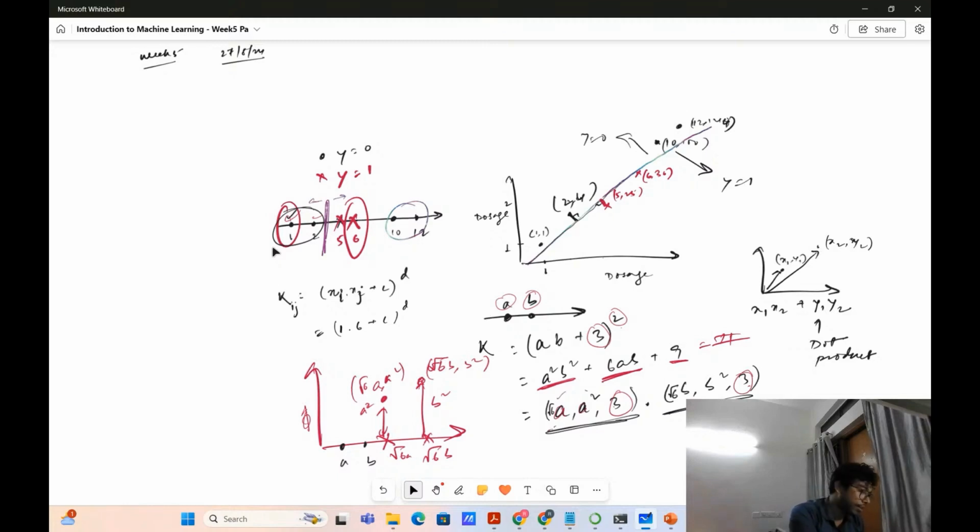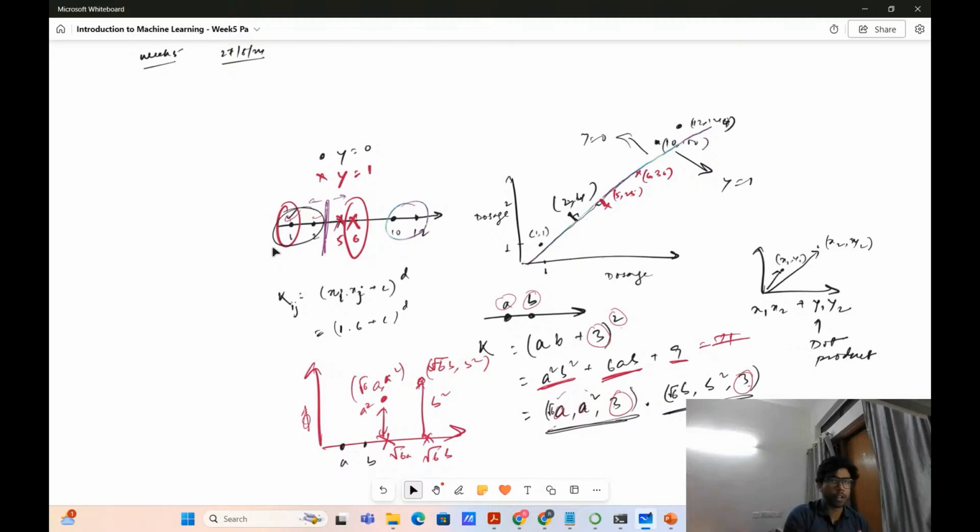So wherever the point is in the xy plane, 10 root 6 and 100, that's where your new projection of a in higher dimension would be. That's clear, right? But instead of actually projecting the data into higher dimension, you're just calculating the kernel.